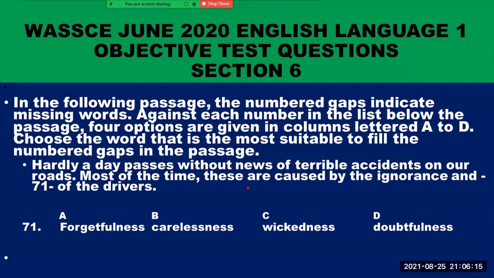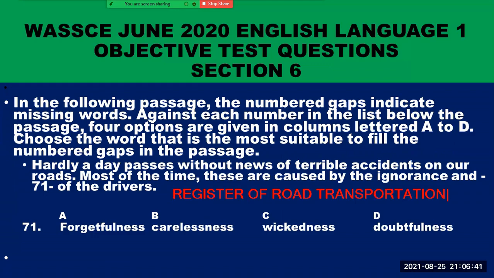Hardly a day passes without news of terrible accidents on our roads. Most of the time, these are caused by the ignorance and dash of the drivers. So here we are dealing with the register of road transportation.